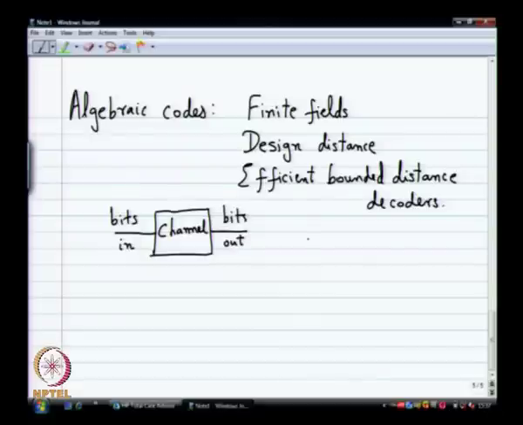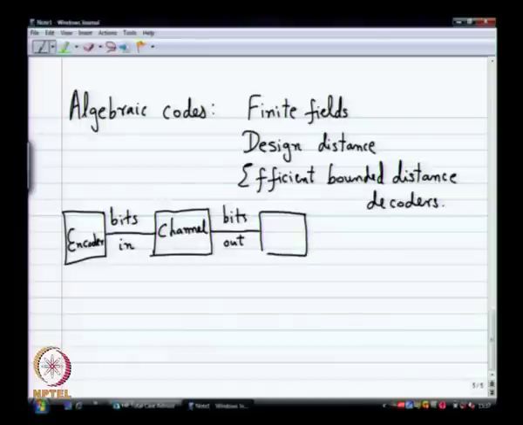Okay. So, for a long time people were trying to do codes, an encoder and a decoder will sit outside here. Okay. So, this was considered as the place for the encoding and decoding. Okay. So, coding was seen as primarily a mechanism for correcting errors.